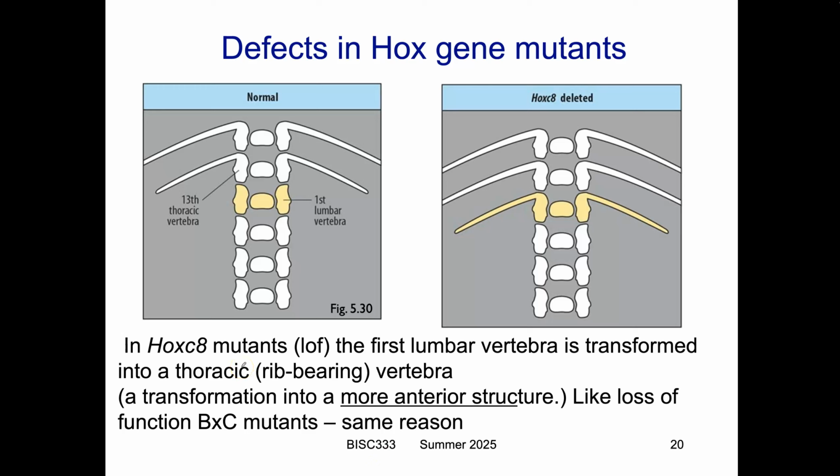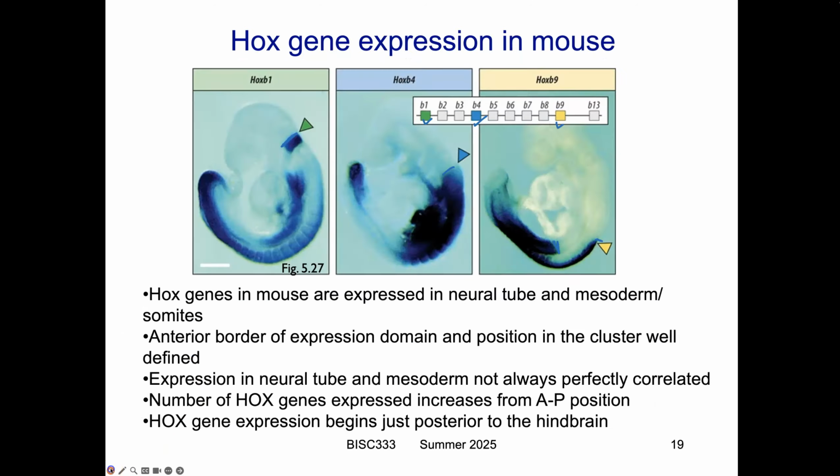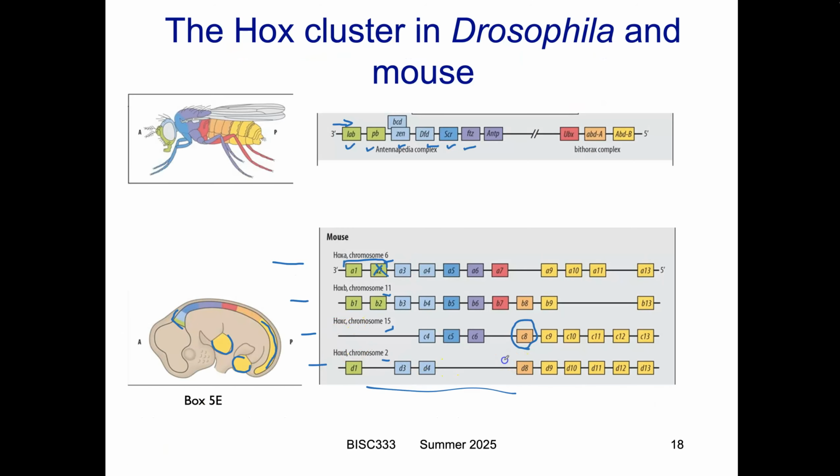And as I said, the mutant phenotypes are often really subtle, like a vertebra isn't quite perfectly formed. But this is one of the few that actually has a discernible phenotype, and this is a loss of function. This is Hox C8, so C means the C cluster, and the genes are named as they connect to the fly complex.